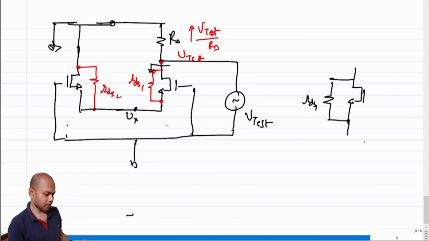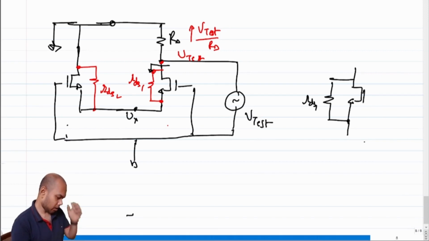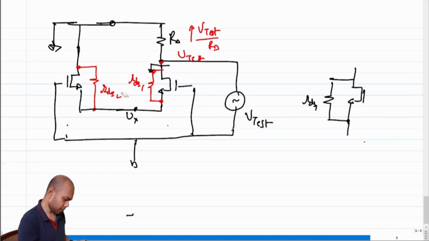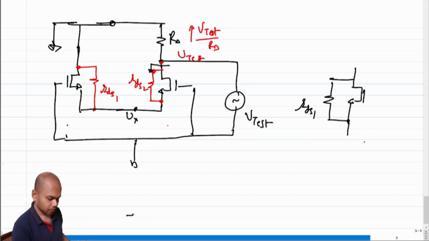I think I have sketched RDS1 and RDS2 in the other direction. This should be RDS1, this should be RDS2. Sorry, this is RDS2 because we are applying the test voltage here.